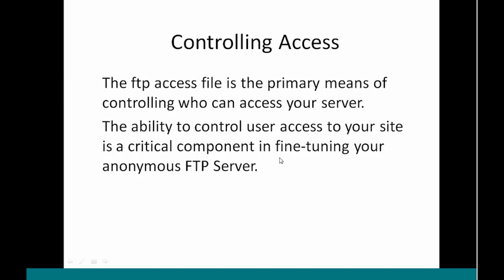The anonymous FTP server, we talked about it in the previous section, is essentially the FTP server where you can log in as an anonymous person and do the transfer that way. So now let's look at some more details regarding how we do this FTP access.